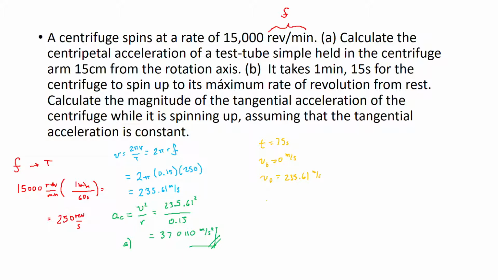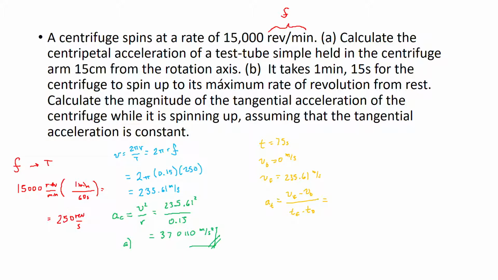So how do we compute it? The same way we have done it all the time: the tangential acceleration is the final velocity minus the initial one over the final time minus initial time.